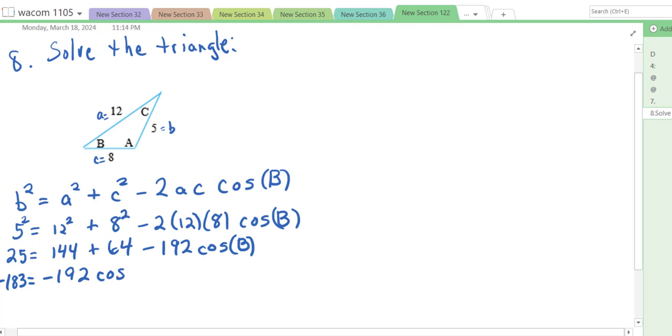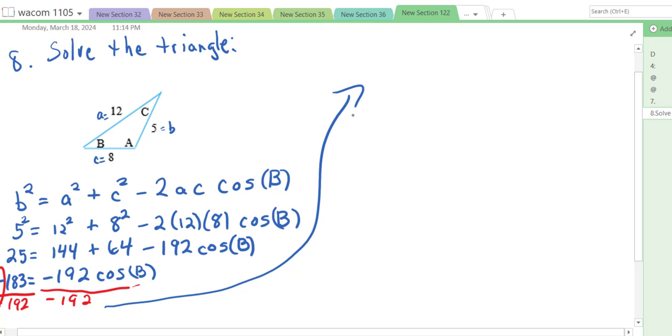cosine of B. Going to divide on both sides by negative 192. Right? The two negatives are going to clean up and give you a positive, so we're not going to worry about them. So I'm going to punch this in the calculator. 183 over 192.